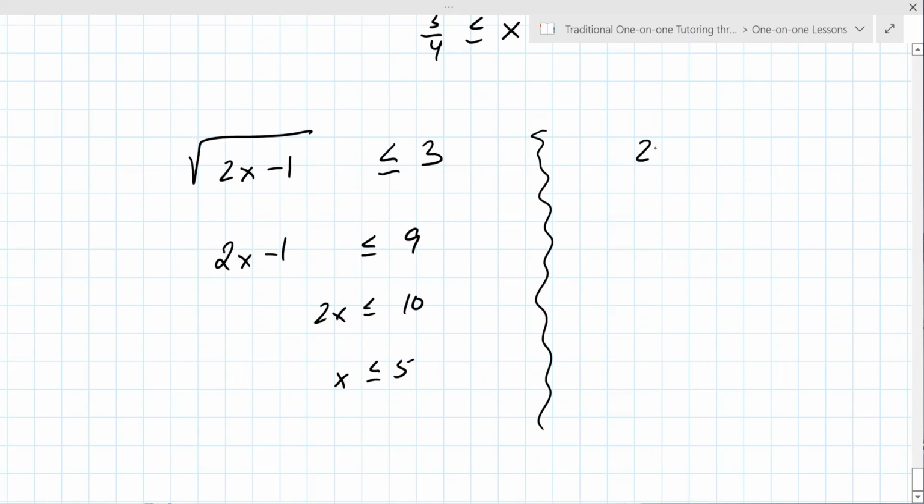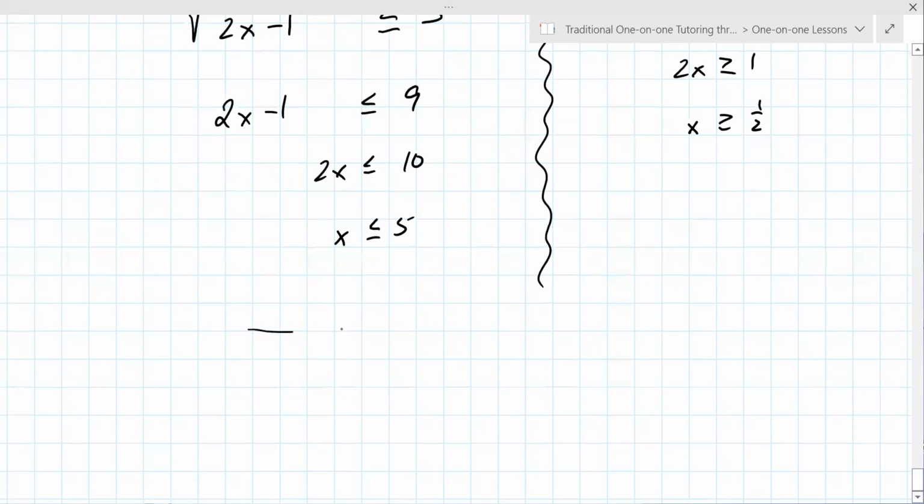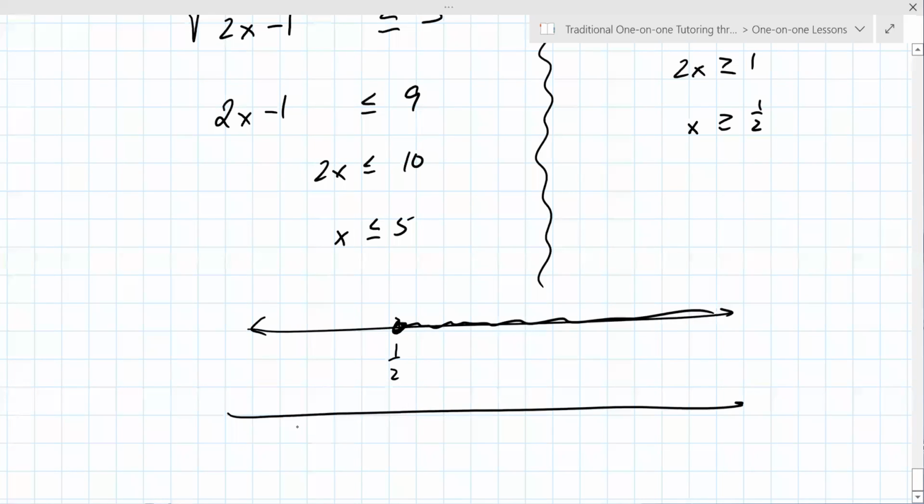But then you also have to set the inside part greater than or equal to 0. And so you get 2x greater than or equal to 1, x greater than or equal to 1/2. And that's what we're saying here. It's got to be greater than or equal to 1/2, but it also has to be less than or equal to 5. So where is the overlap?